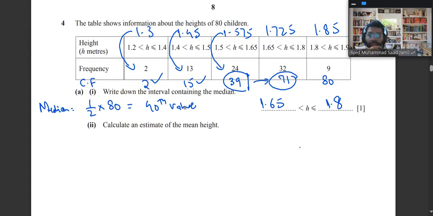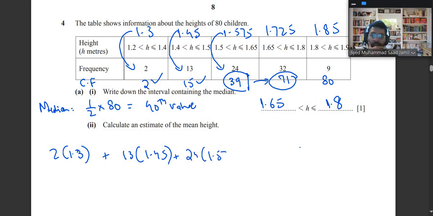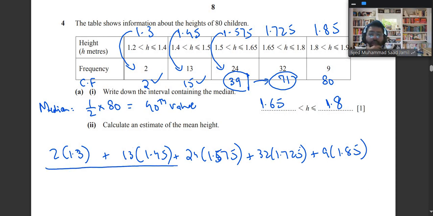So this will be like this: 2 multiplied by 1.3 plus 13 multiplied by 1.45 plus 24 multiplied by 1.575 plus 32 multiplied by 1.725 plus 9 multiplied by 1.85, and you are going to divide it by the total frequency, which is 80.